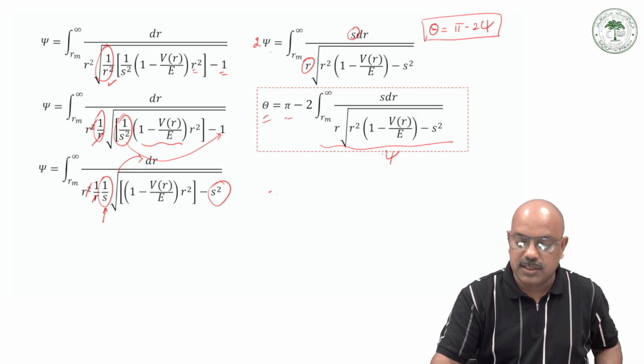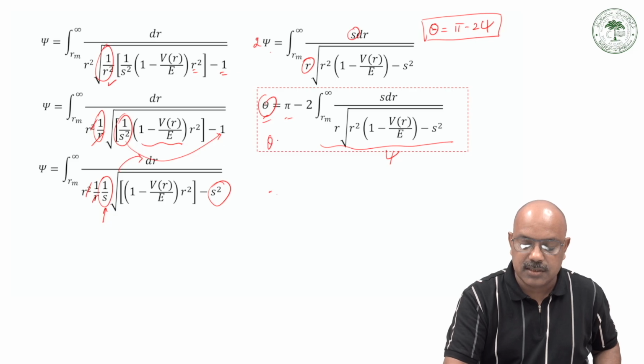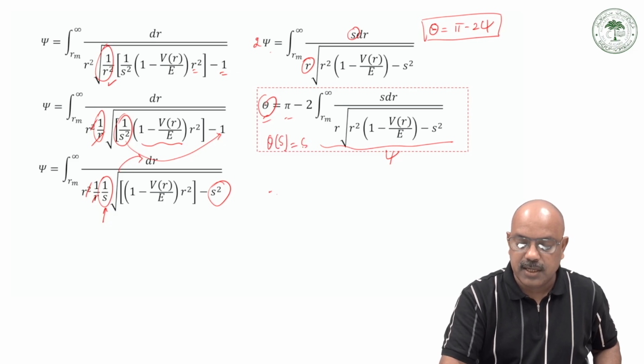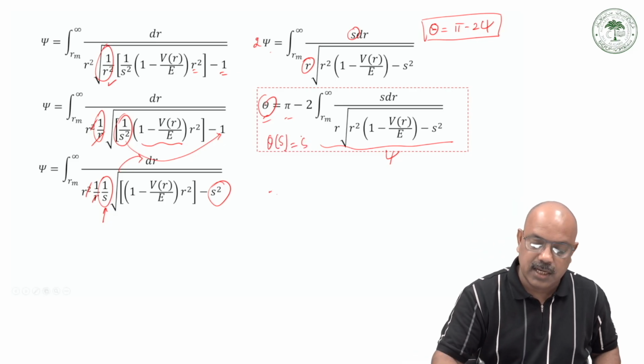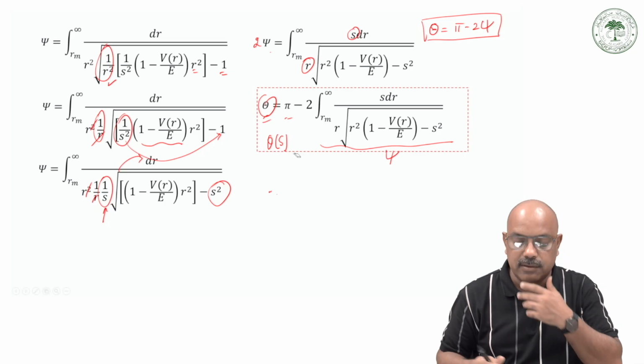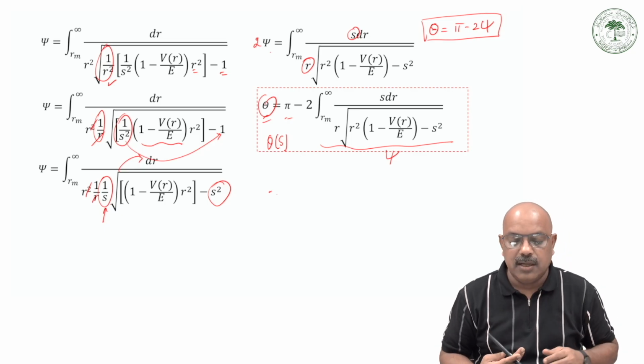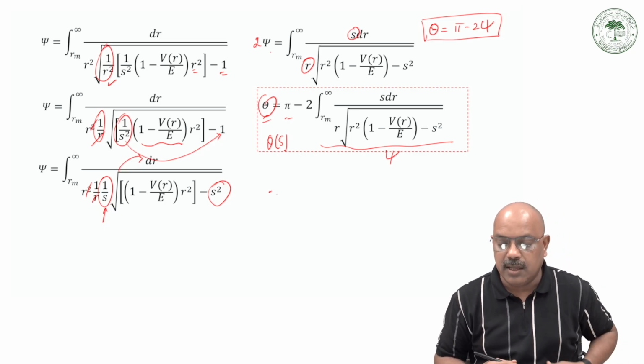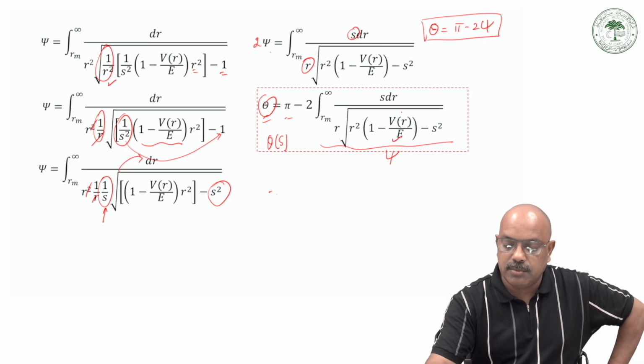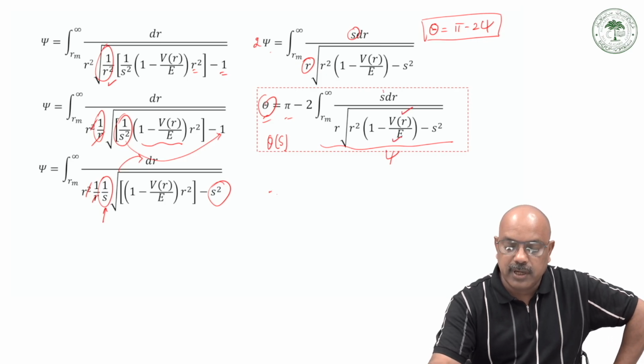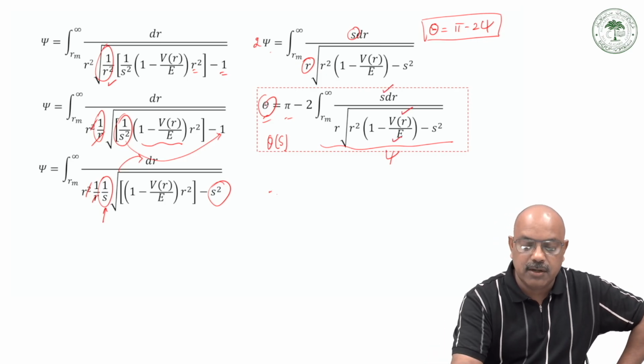So from this relation you get the scattering angle theta in terms of S, the impact parameter. When you know S, you know the energy, and you know the potential, you can find out what the scattering angle is going to be.